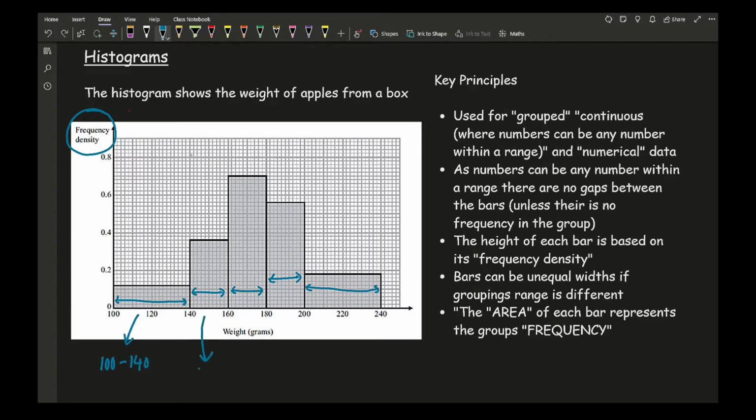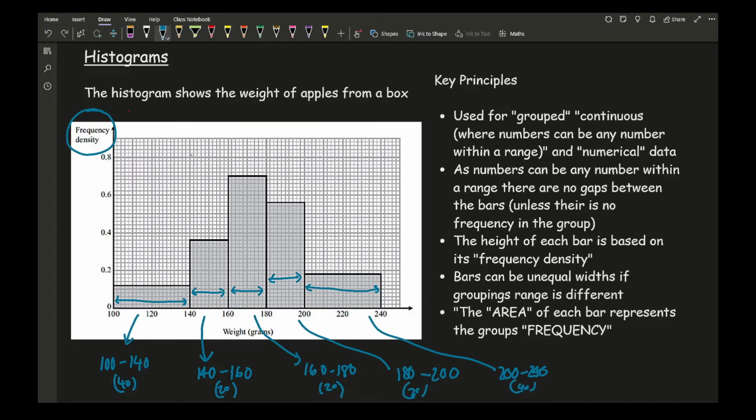This group here is 140 to 160. This group here is 160 to 180, and so forth. That's 180 to 200, and the last one is 200 to 240. So you can see how the widths are different. This one's got a width of 40, this got a width of 20, 20, 20, and 40.